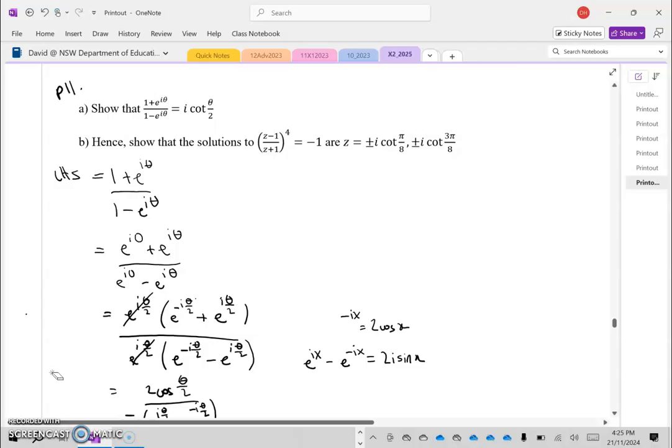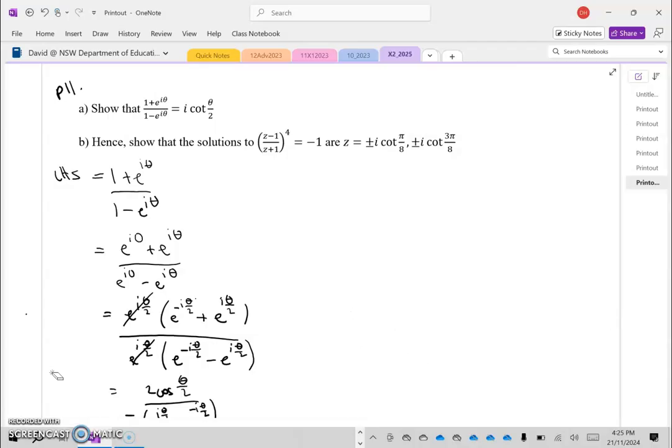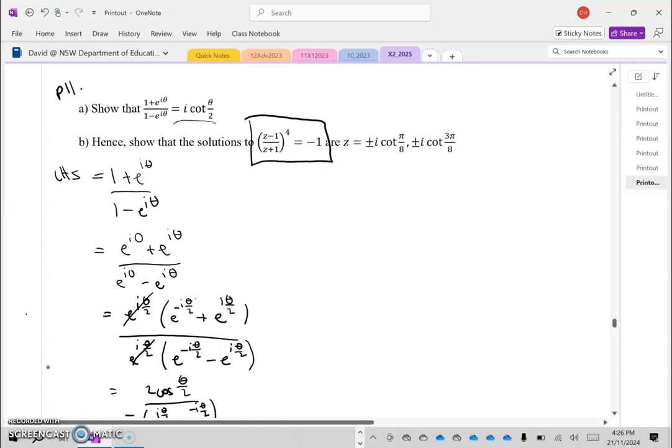Hence, so I'm going to have to use part A. Show that the solutions to that guy there equals -1 are, and then they've got 4 answers there involving cot, which has probably got something to do with part A. Okay, having a look at this, this is interesting.